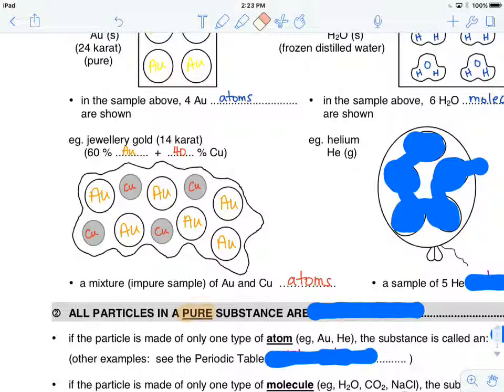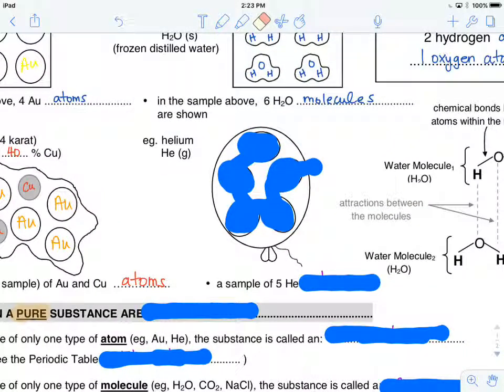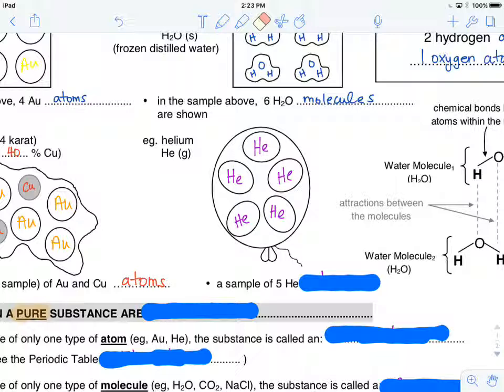So a different kind, but we can still see that it's a hunk of matter and it's made up of atoms, so particles. And last but not least, a balloon filled with helium, and this is a sample that's made up of 5 helium atoms.